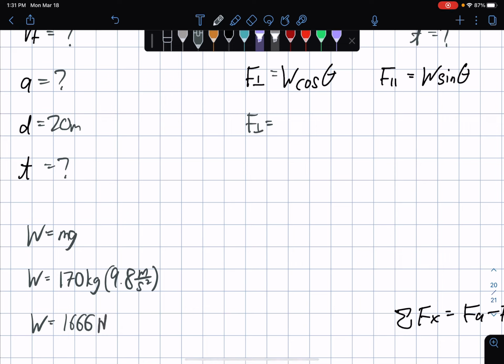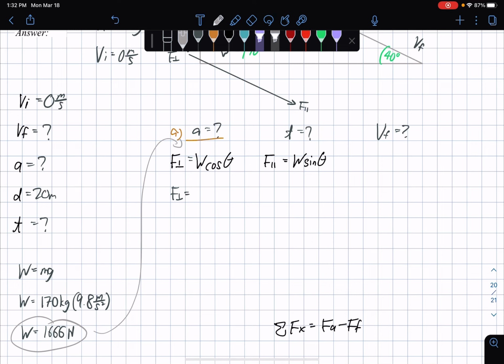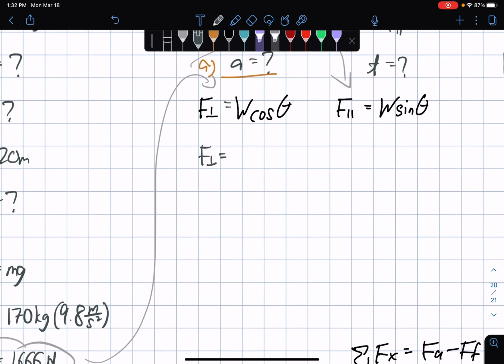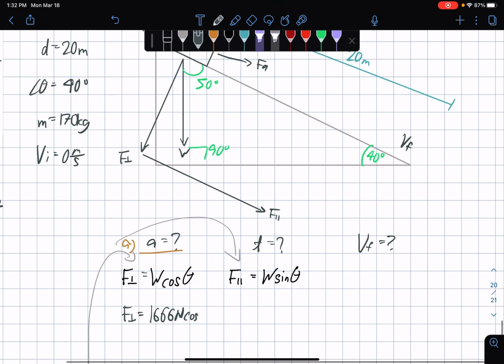Kilograms times meters per second squared is, in other words, the unit Newton. This is not the final answer, so we'll just encircle that. Okay, so 1666 newtons cosine. What is our angle? It is 40 degrees.